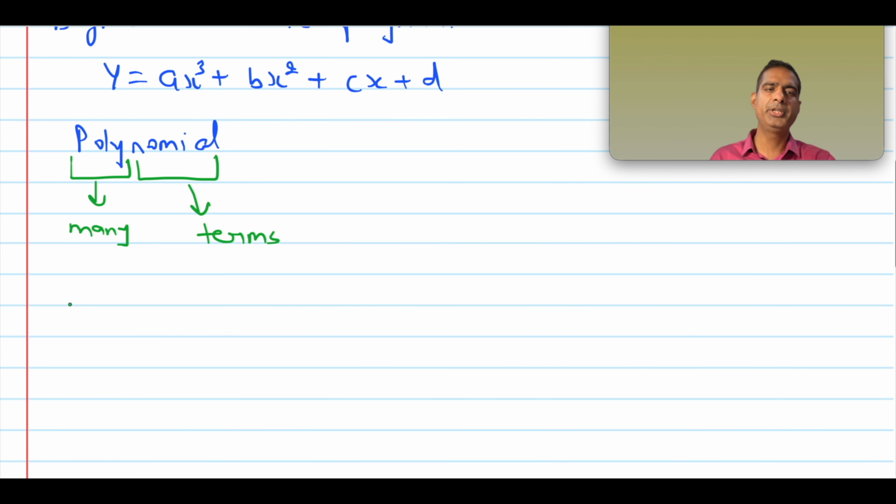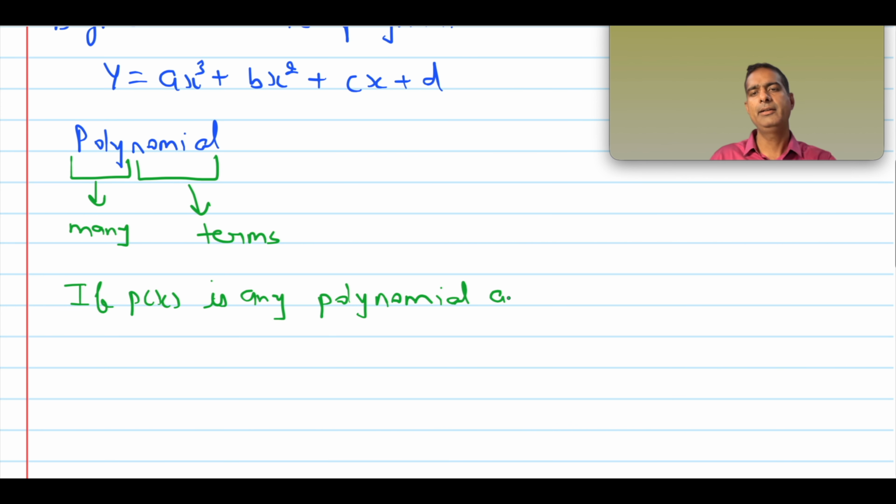Now, if p of x is any polynomial and if we replace x by k, then we get the value of this polynomial at x is equal to k, and it is represented by p of k.